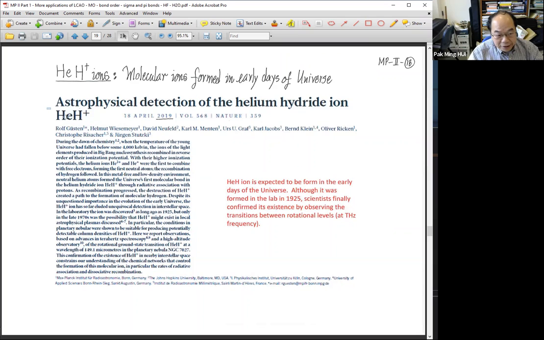This entity was fabricated in the lab almost 100 years ago. So it was not until 3 years ago that scientists really observed their existence somewhere out there.